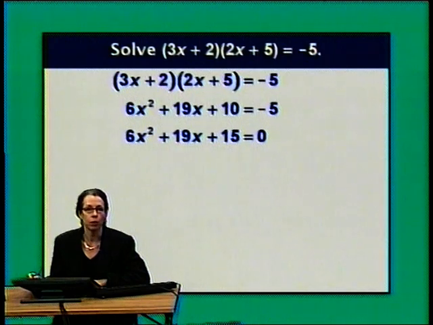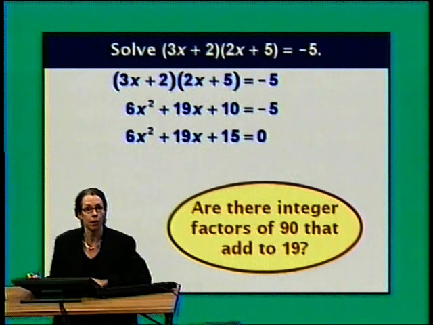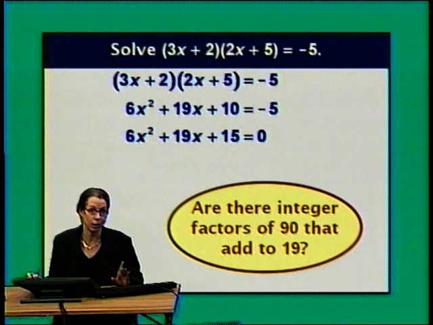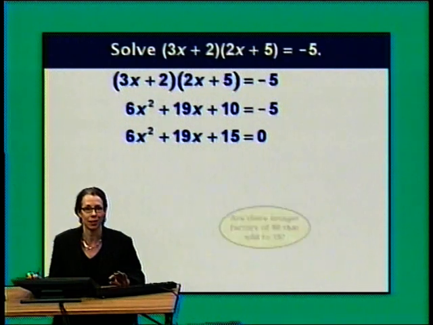So starting with the original equation, doing exactly what I did to use the quadratic formula, I put the equation into standard form with the right-hand side equal to 0. And then I think, are there integer factors of 90 that add to 19? Well, there are, 10 and 9. I'm going to use those integers to factor this trinomial on the left by grouping.